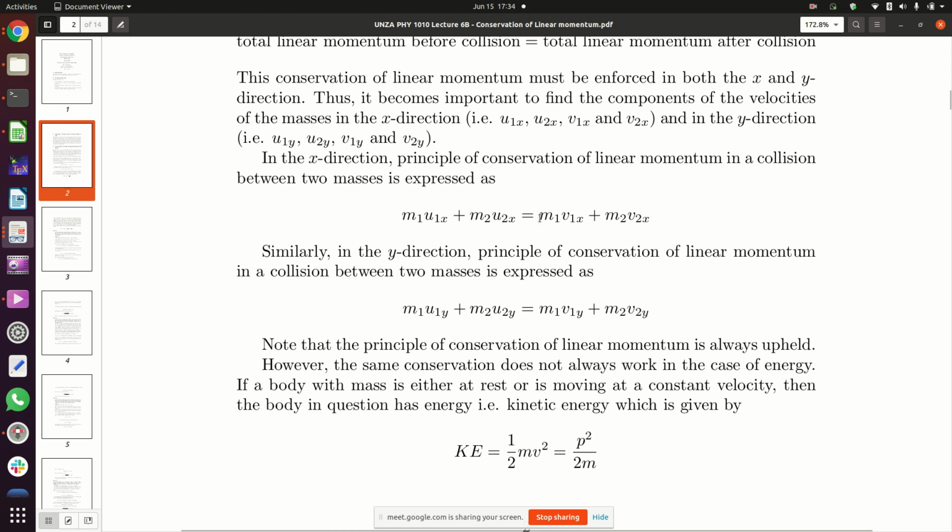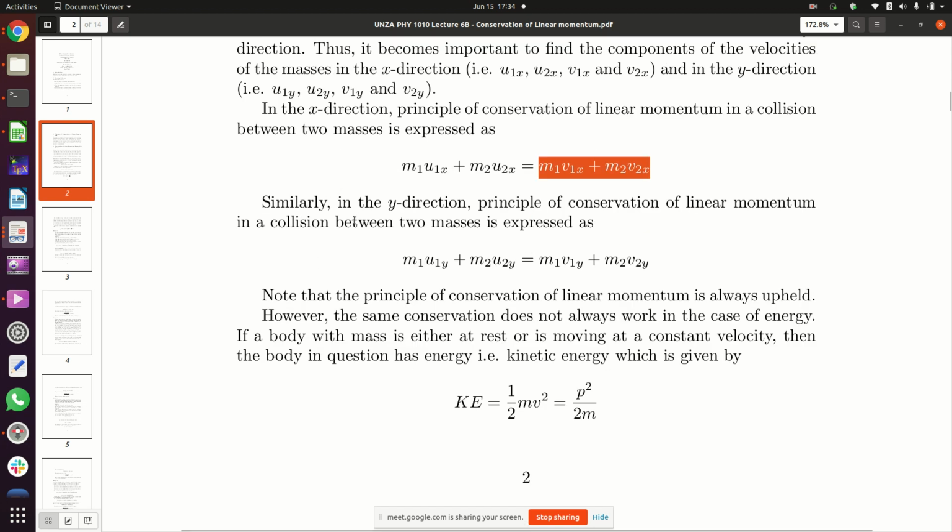So this bit here, m1 v1x, is the linear momentum of the first object after collision along the x-axis, plus this other one here is the linear momentum of the second object after collision along the x-axis. So the momentum along the x-axis for these objects before collision and after collision has to be the same.